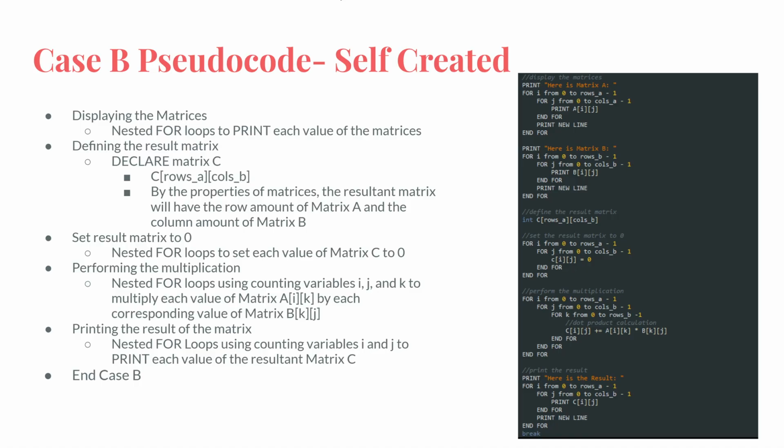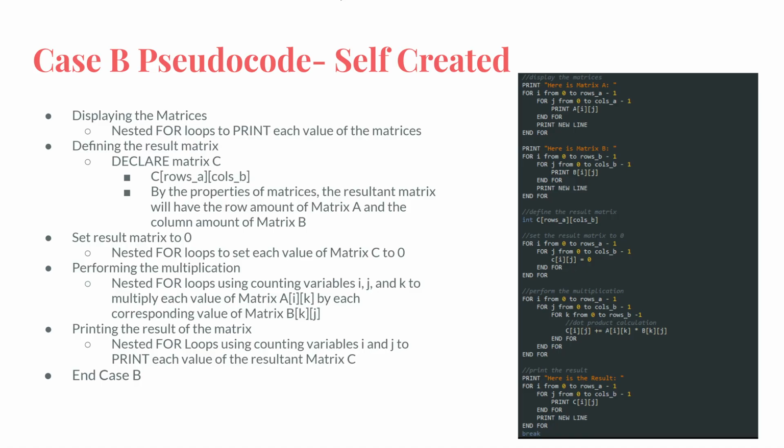After that, I use another nested for loop to set matrix C to 0. And then to perform the multiplication, I use a triple nested for loop, including the constant k, which ties in the rows B or columns A of matrix A. And I use the dot product calculation, where each corresponding A value is multiplied by the corresponding B value.